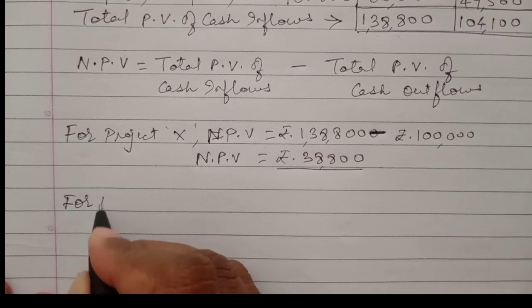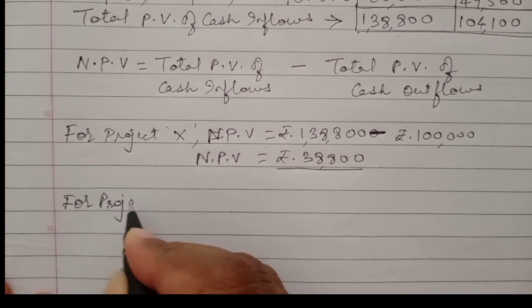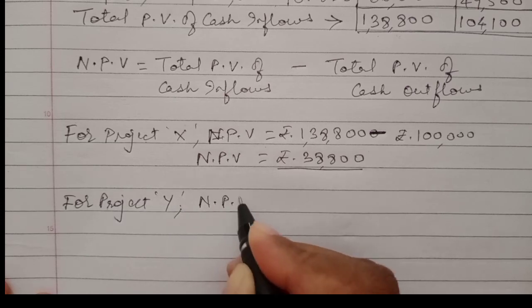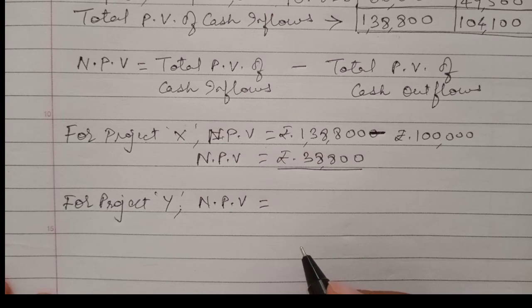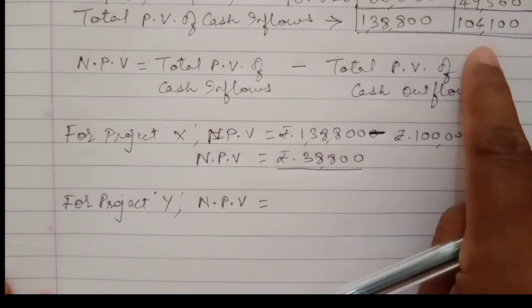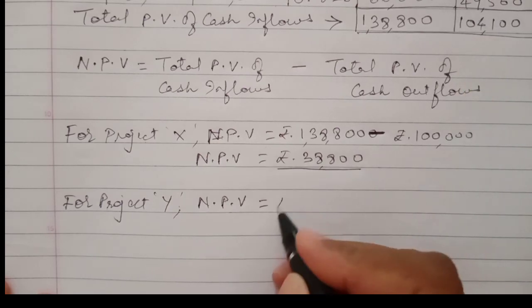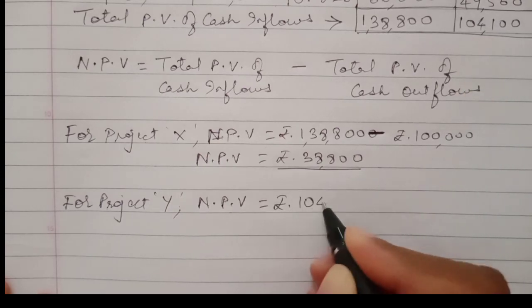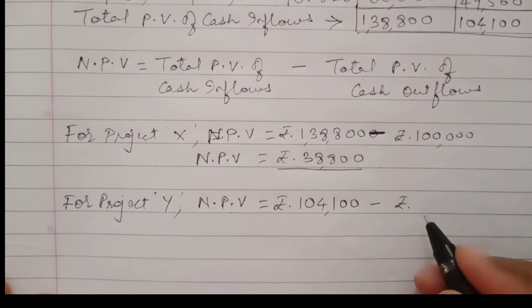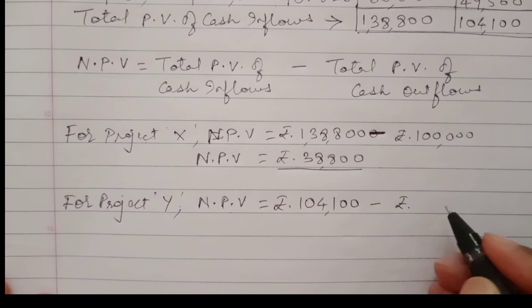Then again we do it for project Y. NPV is equal to, now project Y's total present value of cash inflows is 1,04,100 rupees, and the cost of project Y is rupees 70,000.